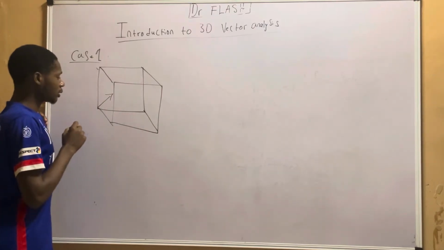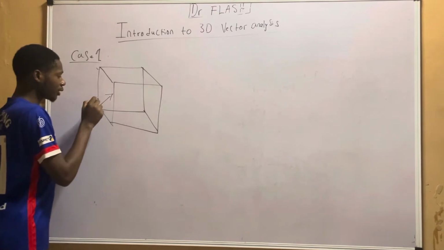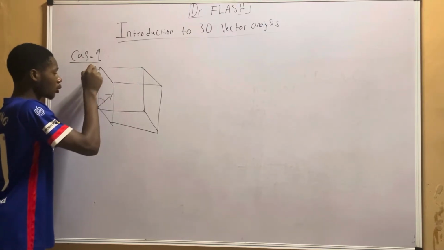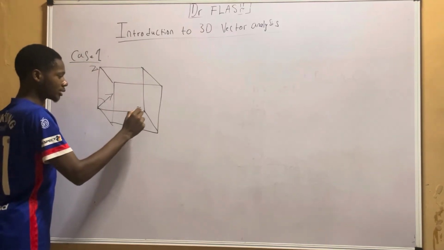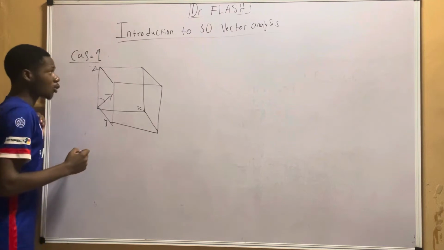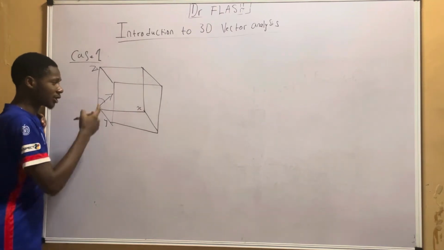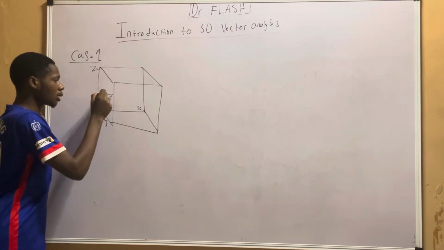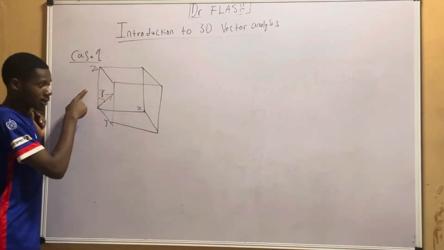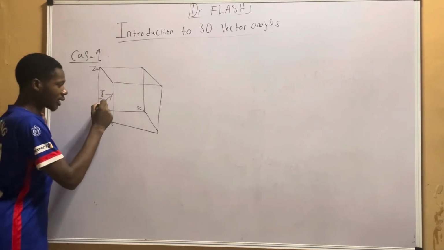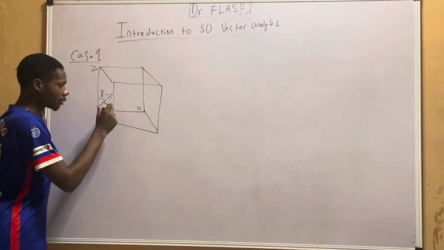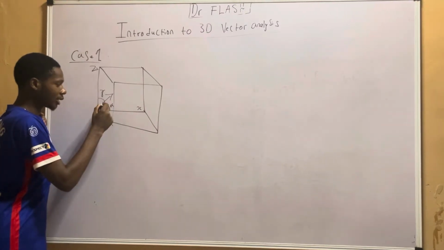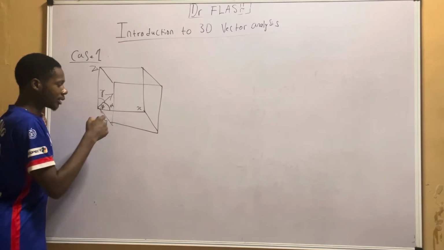Now in this case, we're going to assume the vector is having an angle. I'll call this the z-axis, this the x-axis, and this the y-axis. We're going to assume the vector is having an angle, which I'm going to call gamma, to the z-axis, and then an angle alpha to the x-axis, and then an angle beta to the y-axis.